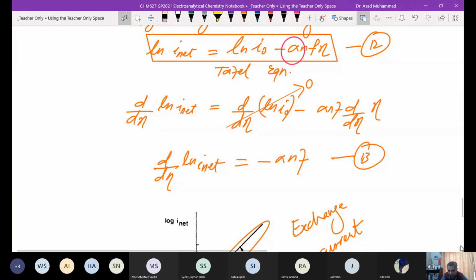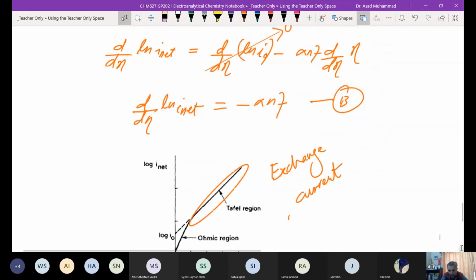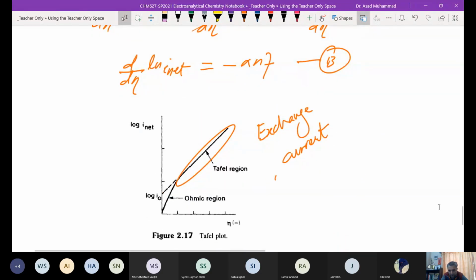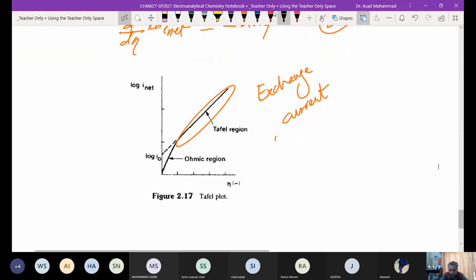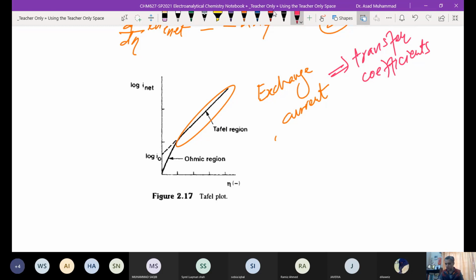So it means that these plots are quite useful and give you certain values. That is the exchange current, and from the exchange current, by putting it into the equation, you can get the value of the transfer coefficient.